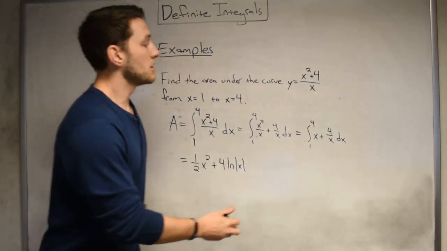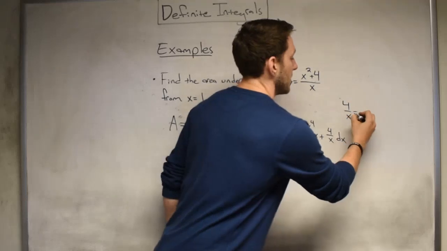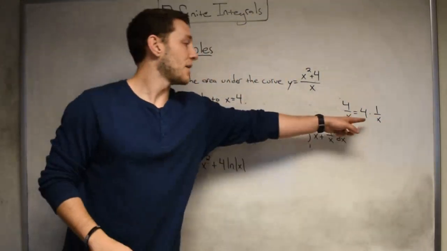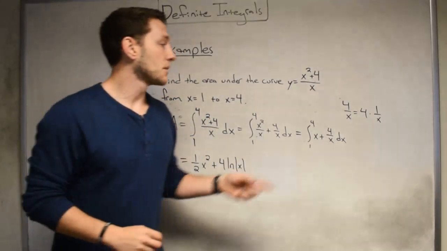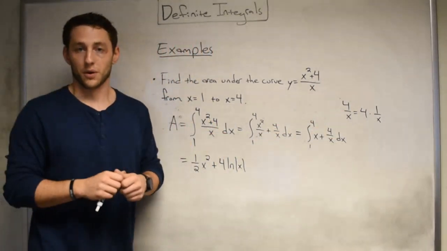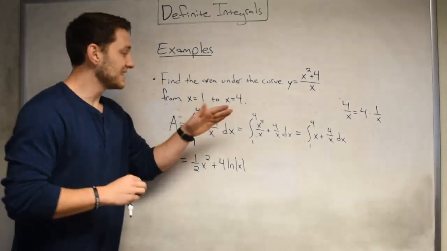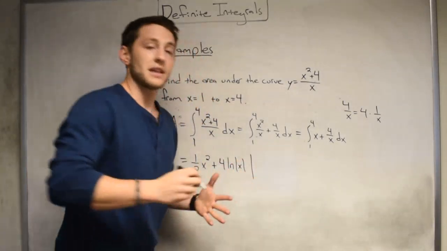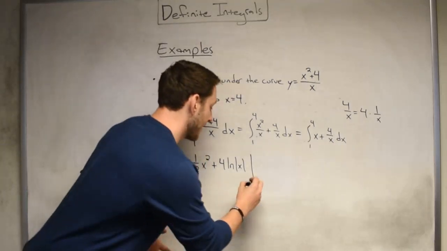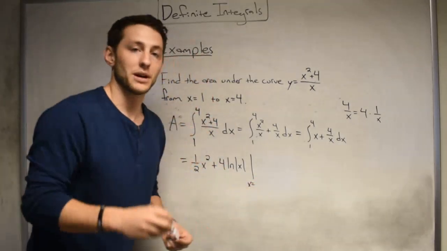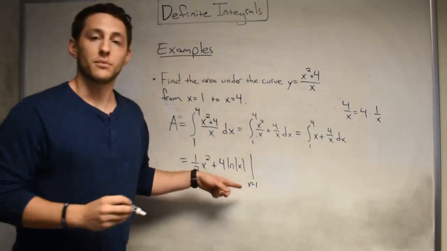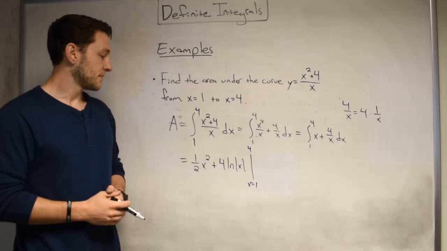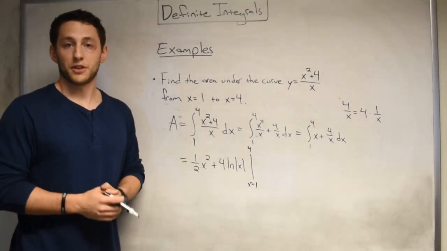If it helps, remember that 4 over x is equal to 4 times 1 over x. So that we're allowed to factor out that constant and then integrate 1 over x, which we have a rule for. Now if this was an indefinite integral, we would be putting plus c. But remember, that c would ultimately cancel, so all we have to do here is draw this evaluation bar. Evaluated from x equals 1 up to x equals 4. Now we just apply the fundamental theorem of calculus.